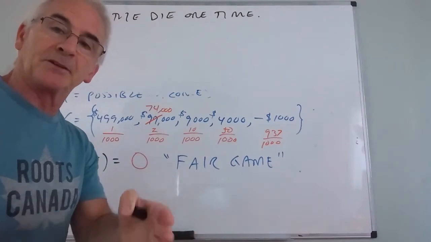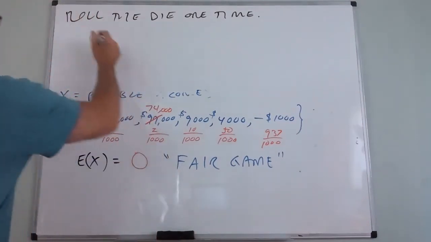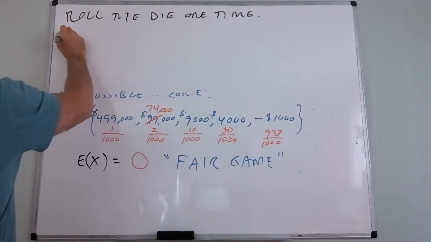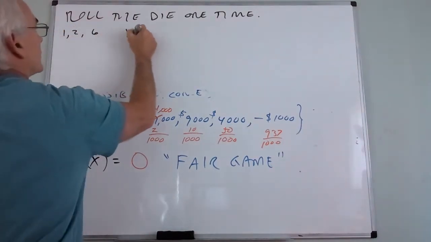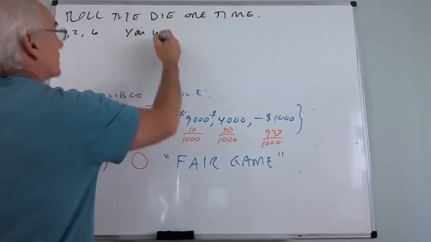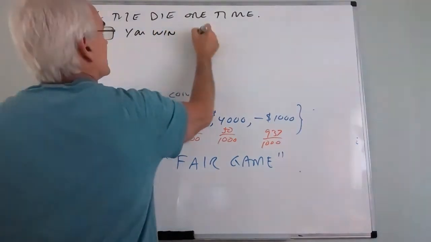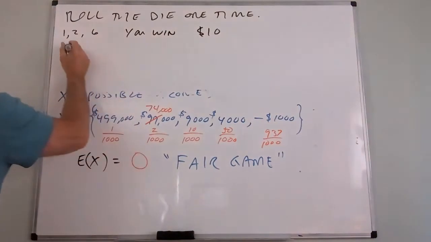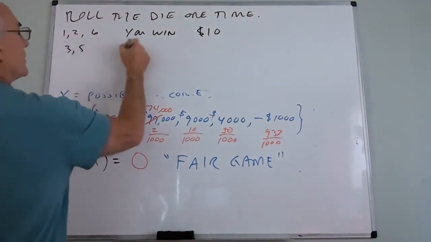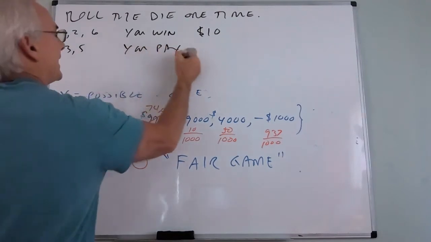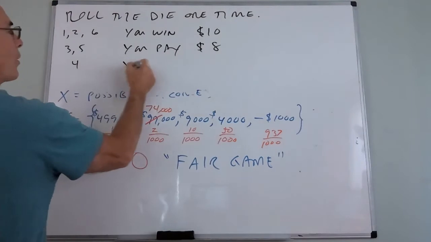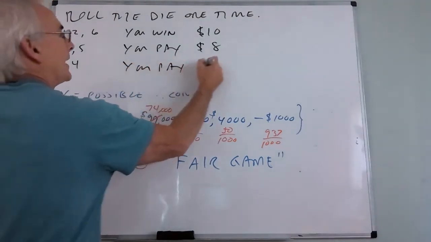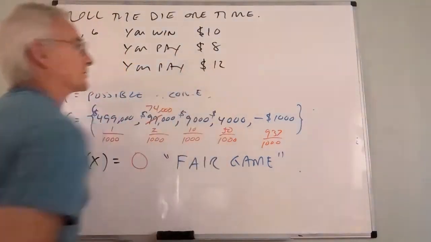In other words, what's the expected return for you? So if the die is a 1, a 2, or a 6, you win $10. If the die is a 3 or a 5, you pay $8. If the die is a 4, you pay $12.